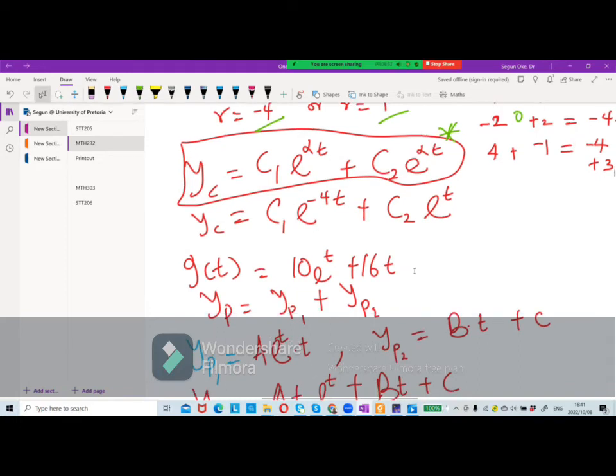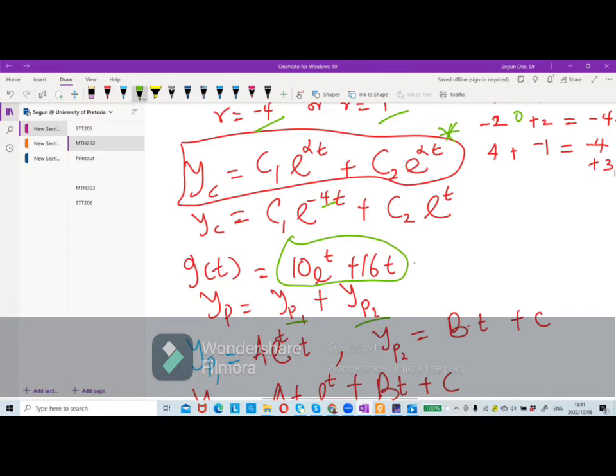Then we can substitute our alpha, which is negative 4. For us to now write our g of t, which is the other part of the equation, we now have the exponential and at the same time we have 16t. So all you need to do is split it into two. We have yp1 and yp2.